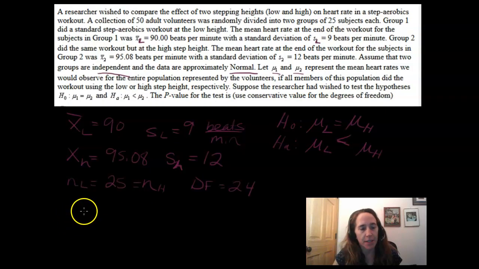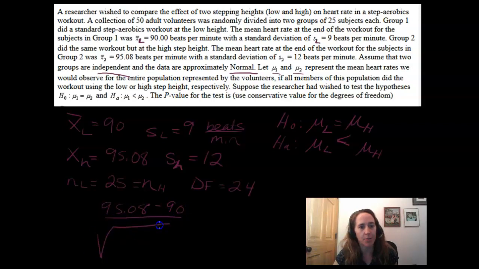All right, so we're going to take our T statistic to find it: 95.08 minus my 90, divided by the big square root. The standard deviation is 12 squared, divided by both sample sizes, 25.